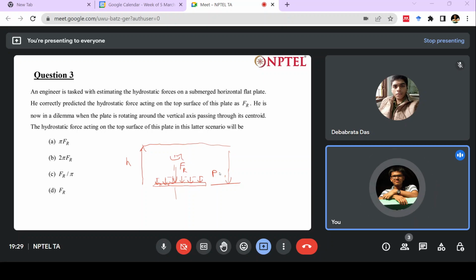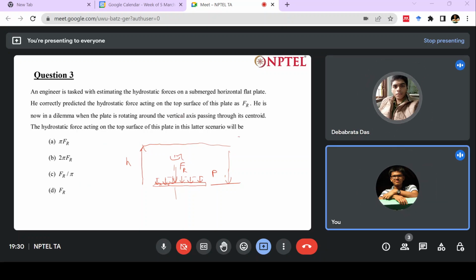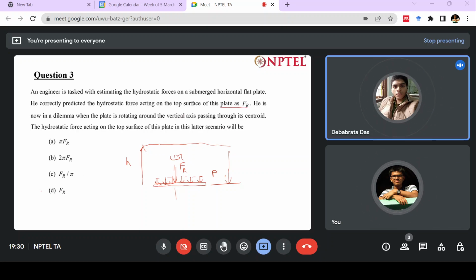There will be some viscous stresses acting on this due to this movement, but otherwise the pressure forces will be the same. There will be no change in the pressure force. So the pressure force will not change. Earlier it was calculated as Fr, later also this will be Fr.